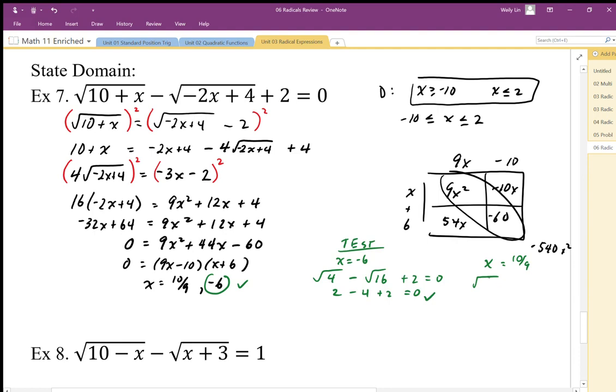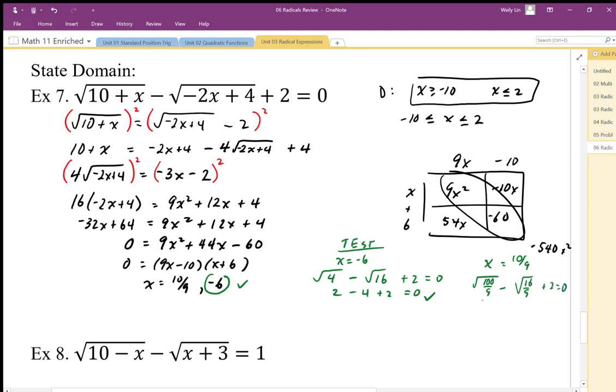That's going to give us 90 over 9 plus 10 over 9, which is 100 over 9, minus 4 minus 20 over 9, so that's going to be 16 over 9. So that's 36 over 9 minus 20 over 9, plus 2 equals 0.